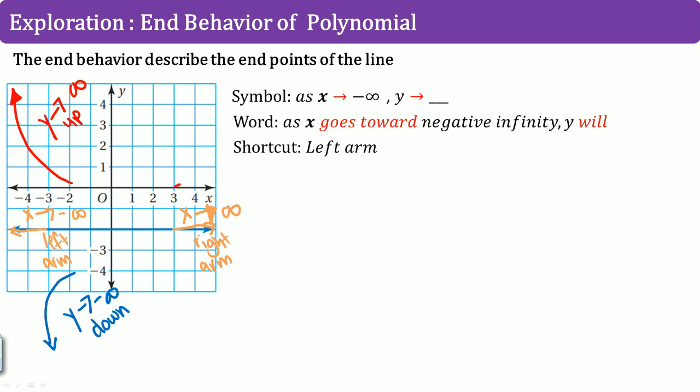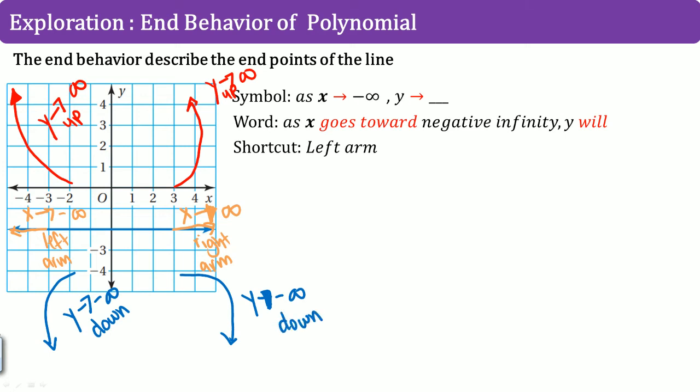It can swing up. This means y is going to go towards positive infinity, that means up. Or it can swing down. And swinging down is when y approaches negative infinity. That's the arrow, and this means down.